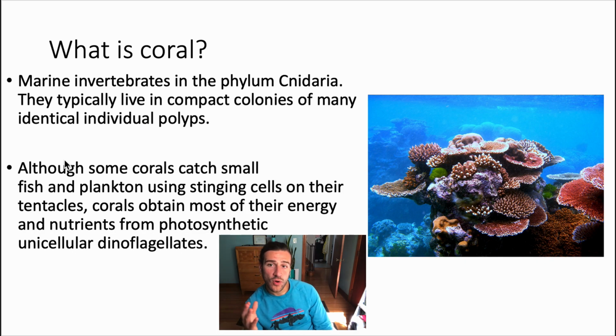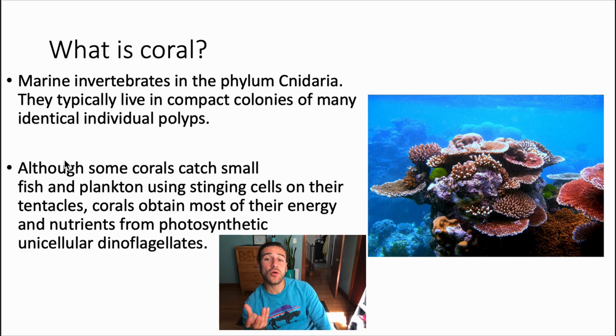So now we're going to learn about what coral is. And coral is actually a marine invertebrate. Coral are actually animals. They're within the phylum Cnidaria. This phylum also contains the jellyfish and the anemones.